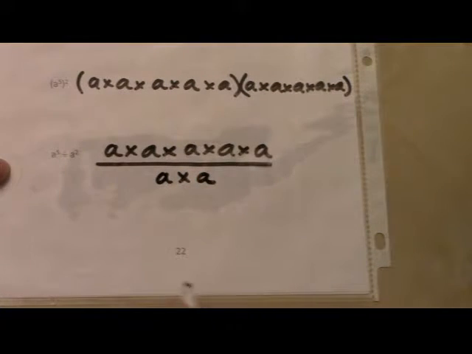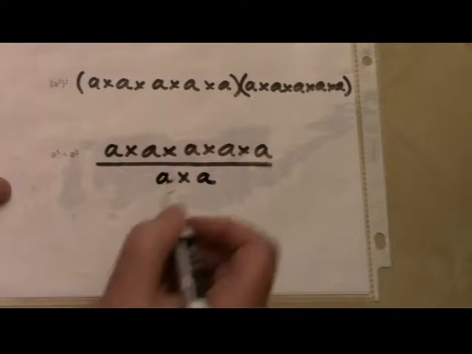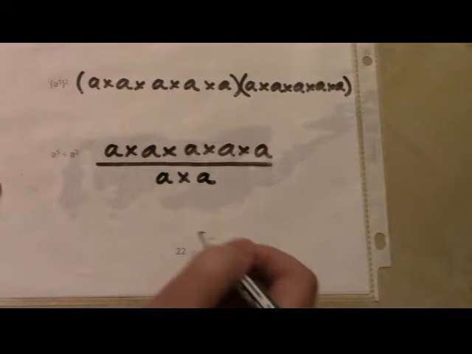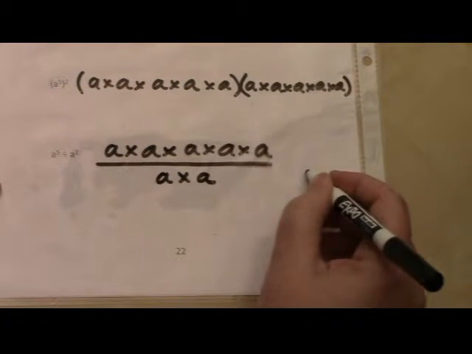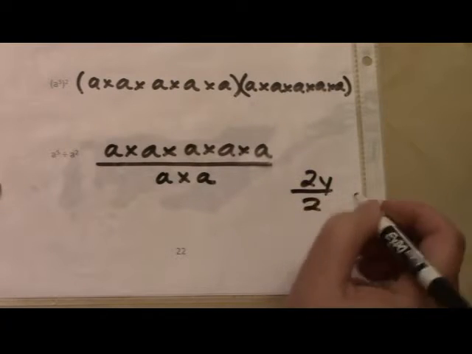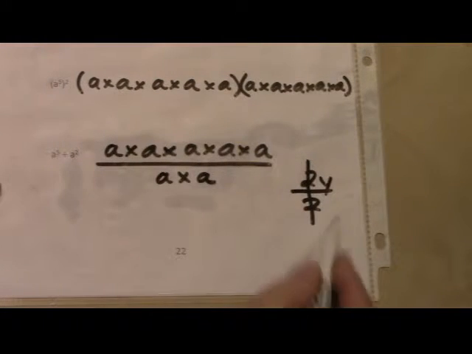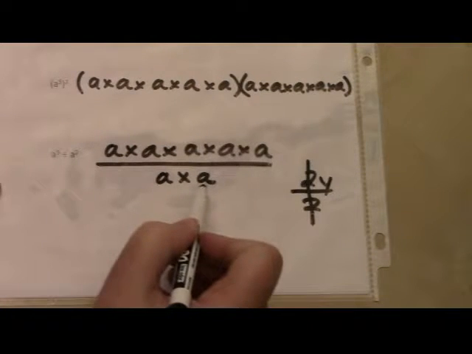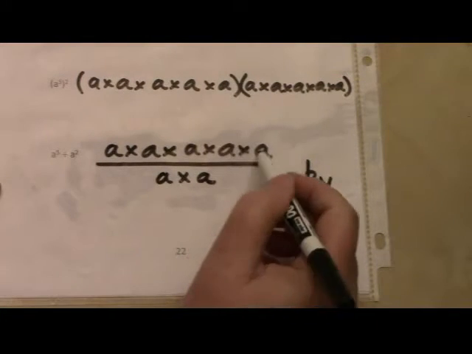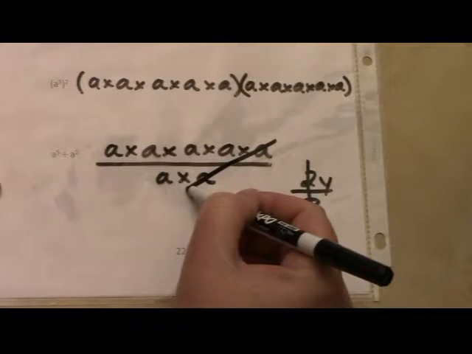Well, when we have a fraction, say 2y divided by 2, remember how we just cancel those out because it's the same number on top as on the bottom? That's what's going on here. This a can cancel that a.